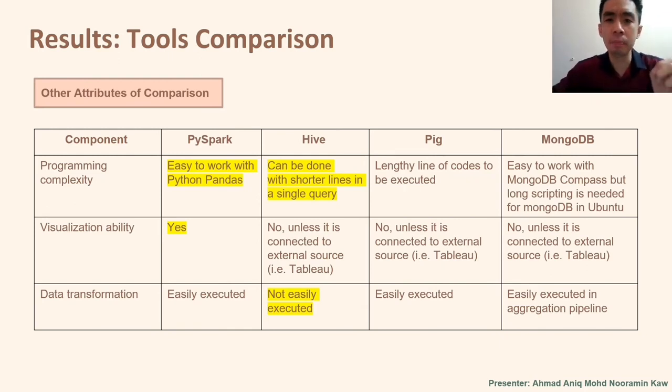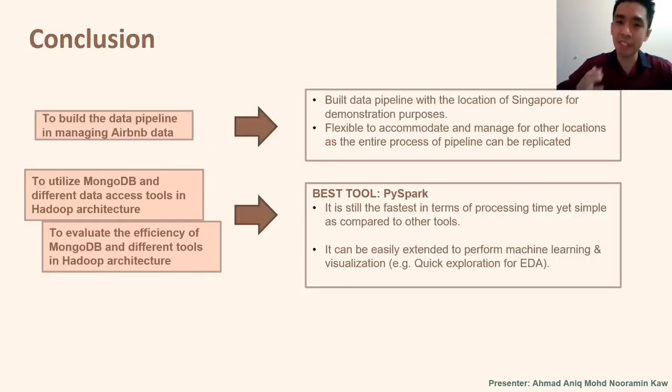MongoDB Compass is easy, but not on Ubuntu, which has even longer scripting. Next, only PySpark has visualization ability, and for data transformation, Hive is the hardest to execute, which explains the slowest loading time earlier.